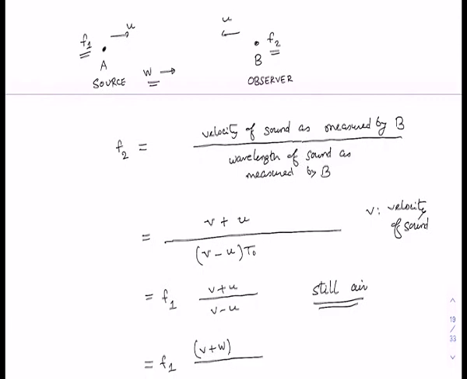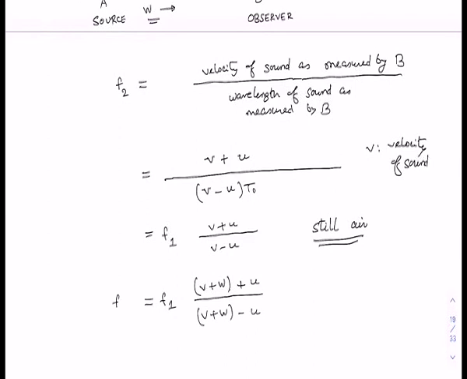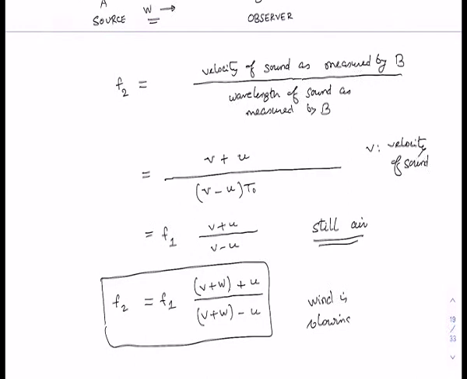This moving air is the medium with respect to which sound is basically measured, so it would be v plus w plus u, and here this would be v plus w minus u. So this is the formula when the wind is blowing from source to observer.